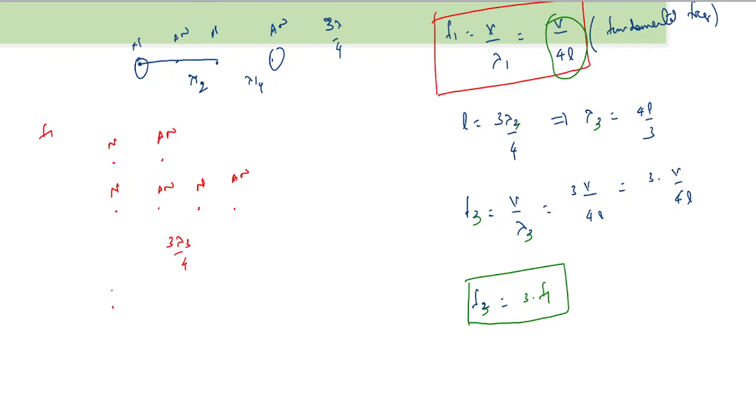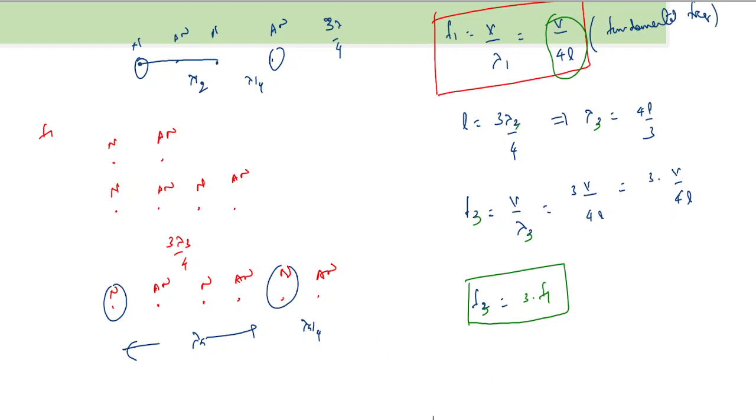Next case would be node, antinode, node, antinode, node, and then antinode. The distance here would be lambda plus lambda by 4. Since it is a different wavelength, we will call this lambda 5.